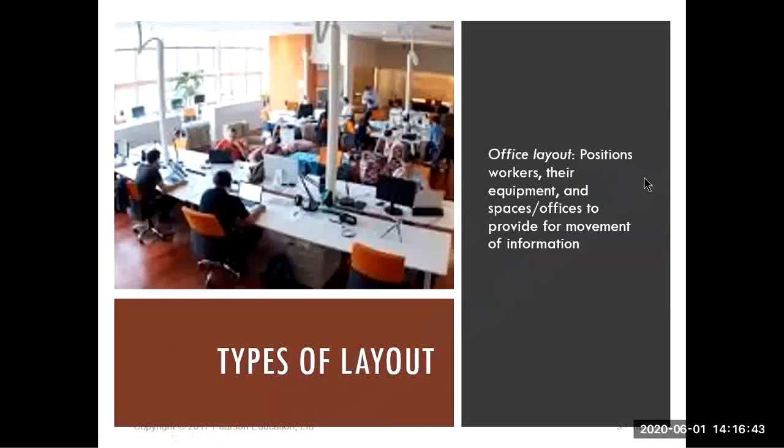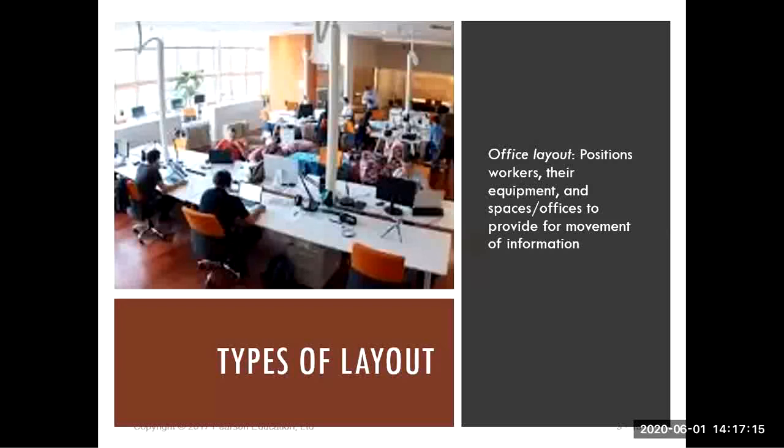So the objective for office layout: when they design the office layout, they have to think about the position of their workers and the equipment, and spaces for the offices to provide the movement of information and also the movement of the workers. Also, they have to think about their workers' privacy.